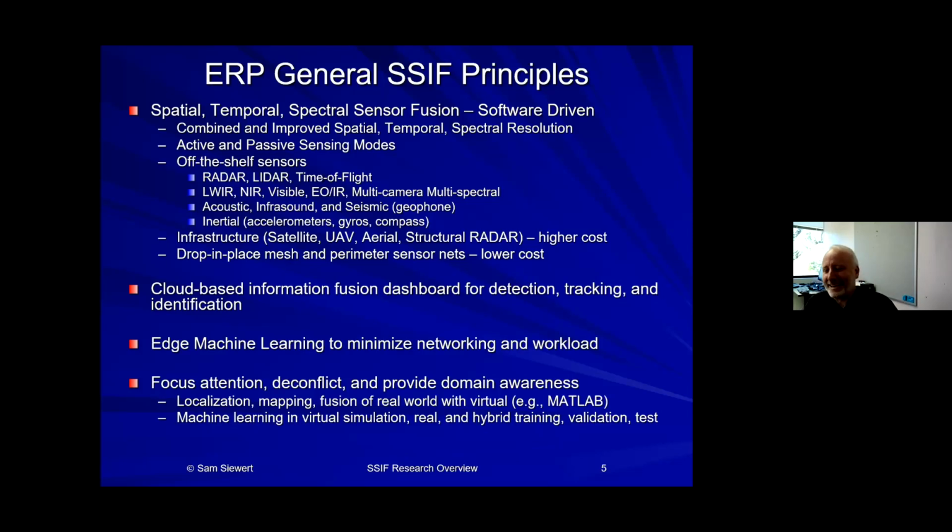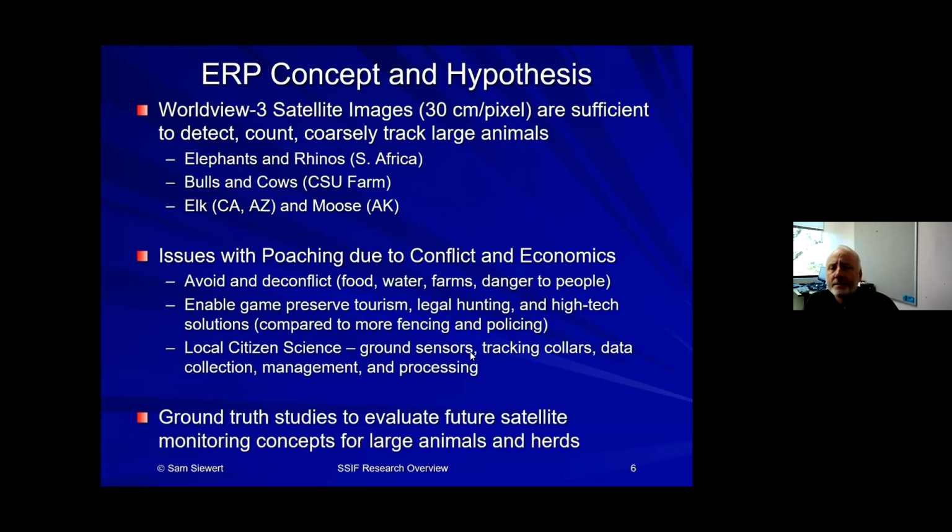It's really, I think, deconfliction is probably an important aspect. And you could always build a fence, but these game preserves are huge. It'd be like putting a fence around Lassen Peak National Park, right? So it kind of doesn't make sense, and it would be at great cost. So part of our hypothesis is that the satellite images will help.